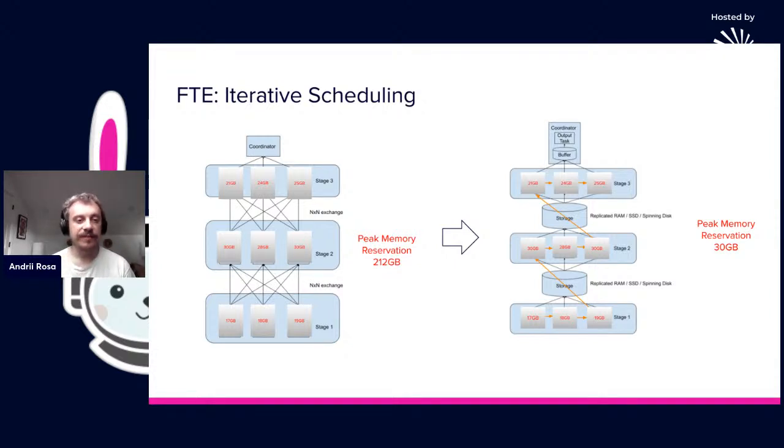For example, when tasks can be scheduled one at a time, it reduces the amount of memory that must be available in a cluster to successfully execute a query. In other words, it allows you to run a memory intensive query on a much smaller cluster.